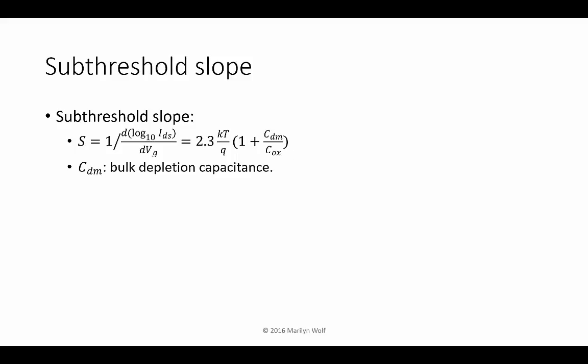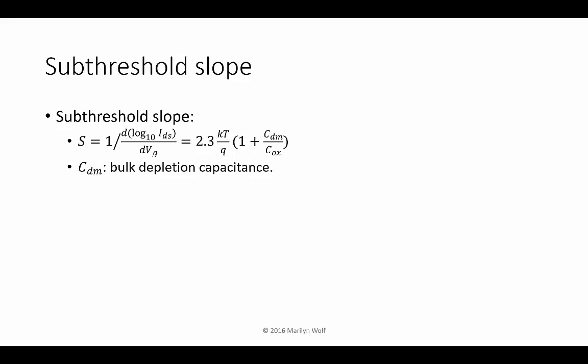The subthreshold slope is known as S. It's defined as 1 over the derivative of the log 10 of the drain current as a function of gate voltage.